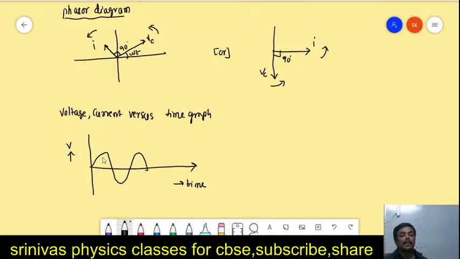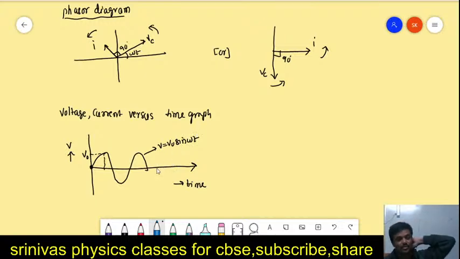At the peak value of voltage, the maximum value of voltage is V naught. Why do we get it like this? When the initial time is zero, voltage is also zero, because this is the graph for the voltage V equal to V naught sin omega t. The voltage graph will not change, but the current will change. The current equation we got is I equal to I naught sin omega t plus 90.